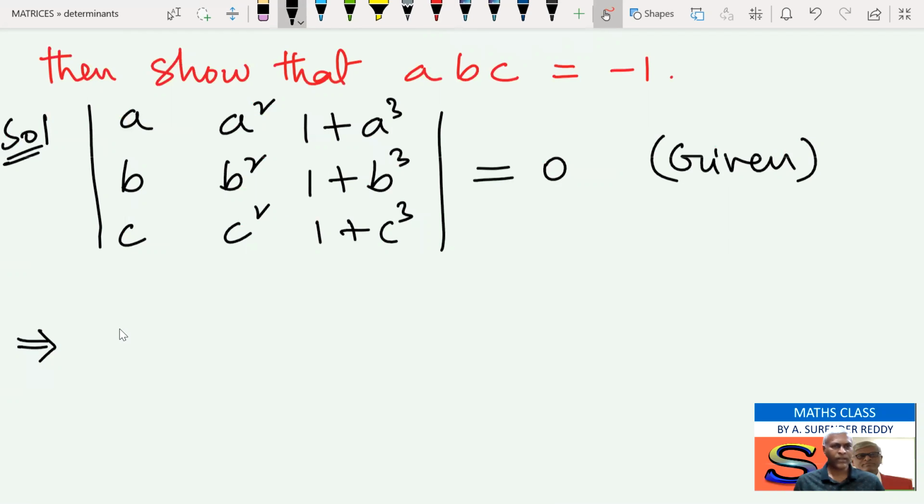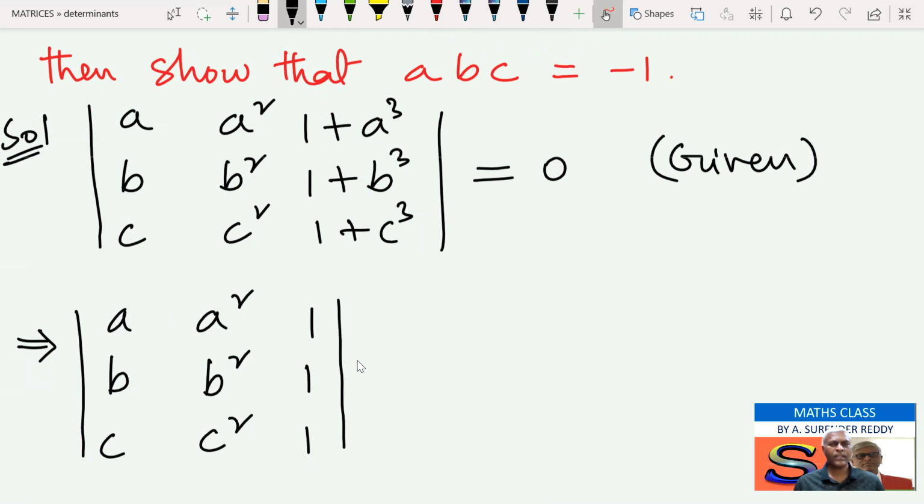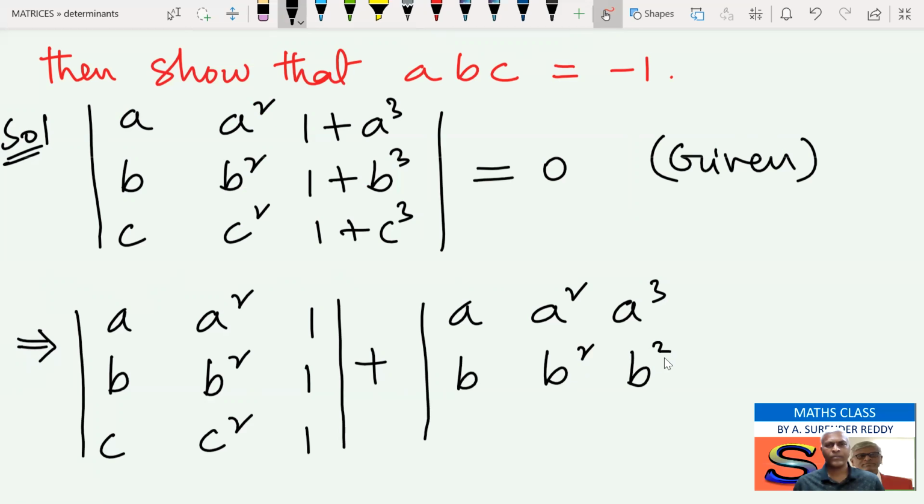This is the first determinant, plus the left side can be written as the sum of two determinants: A, A square, A cube; B, B square, B cube; C, C square, C cube, is equal to the right side 0 as it is.